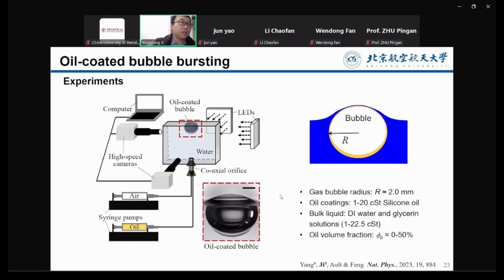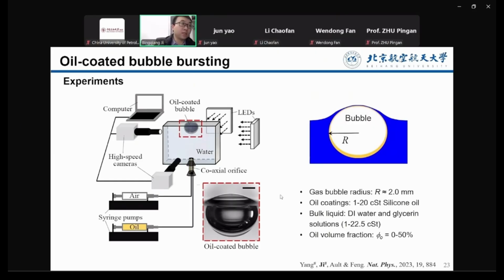So this is our experiments. Basically, it's a very similar setup, but we need to generate the oil-coated bubble. How do we generate it? We use a coaxial orifice, and we inject air from the inner orifice and inject oil from the outer orifice.